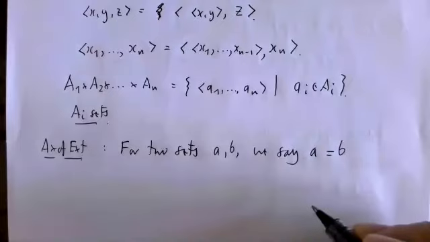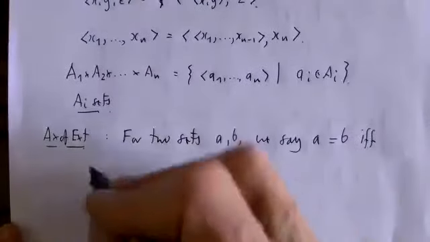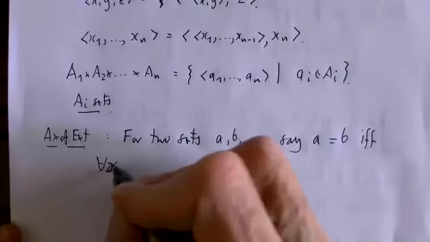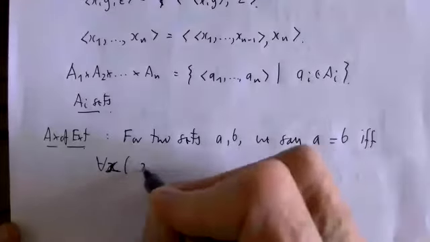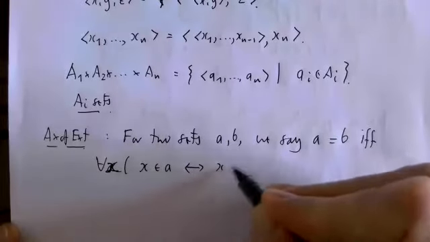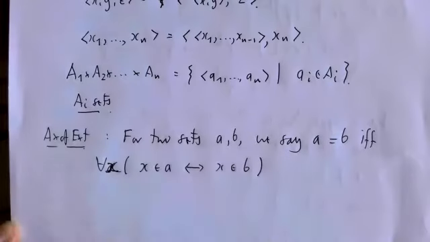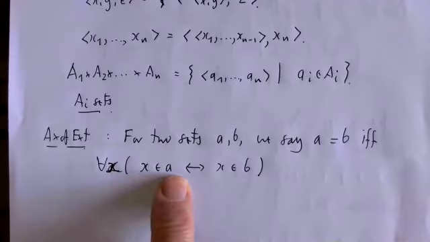A equals B if for any set X, X is a member of A if and only if X is a member of B. The things to the left of the epsilon sign are always sets, but the things to the right can possibly be proper classes.